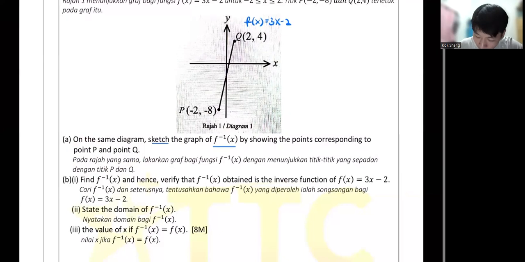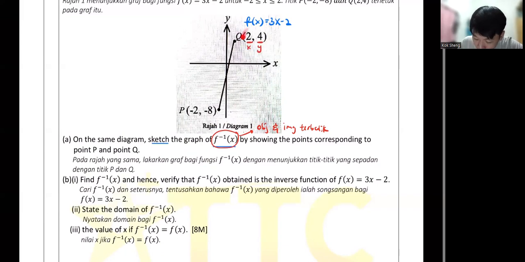Okay, so first, for your graph, this is your fx graph, right? Inverse, as I mentioned at the beginning just now, object and image are swapped. So the changes for points P and Q, you know already: just swap the X and Y. 2 and 4, this is the X, this is the Y, right?